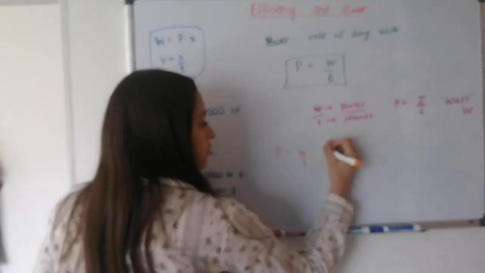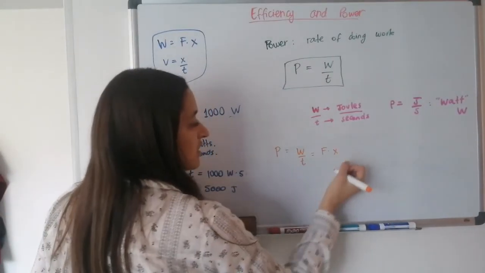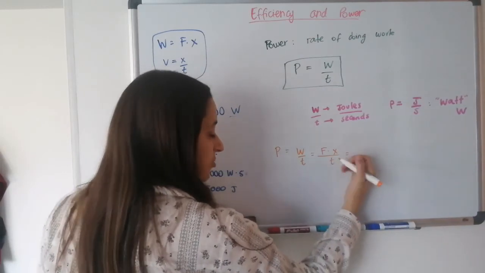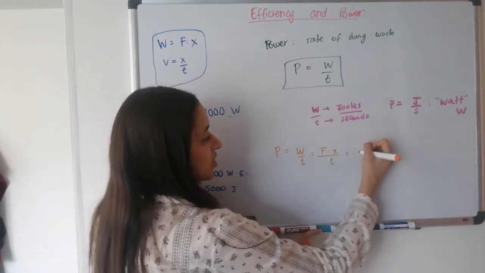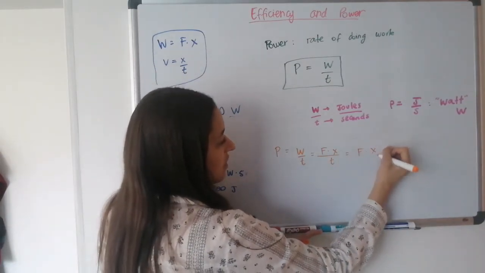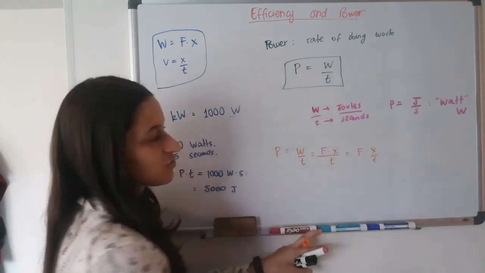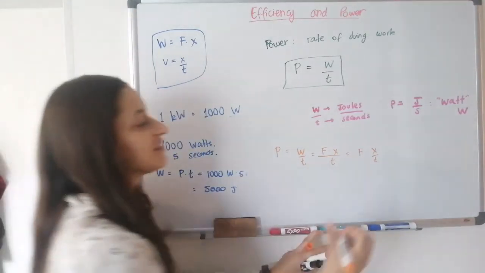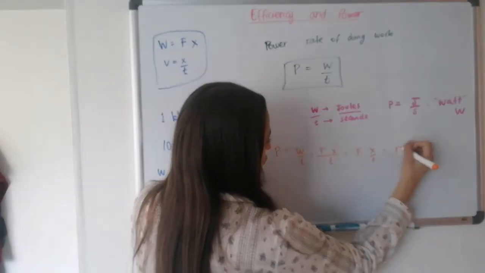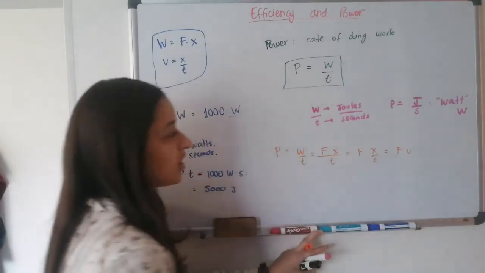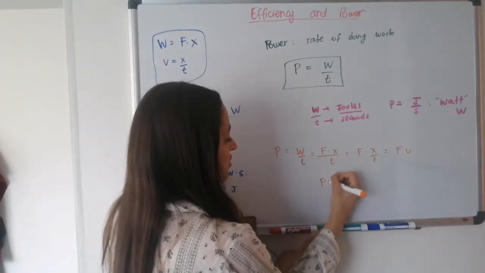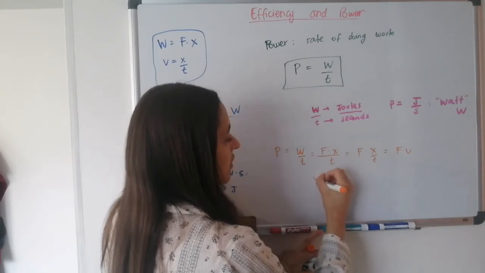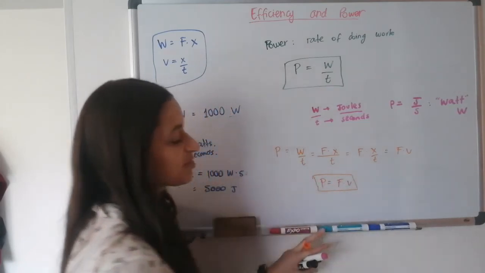So we can write force times distance over time. And we can split this fraction up, so this is the same as force times distance over time. And distance over time is speed. So this is also force times speed. So another equation for power, which means the same thing but is written in a different way, is that power is force times speed.